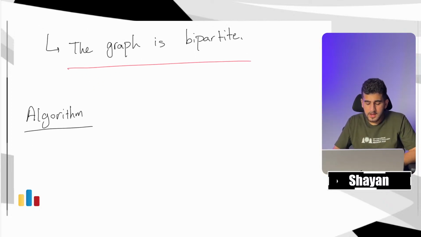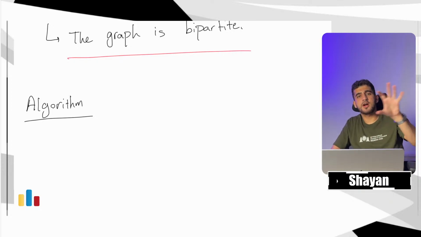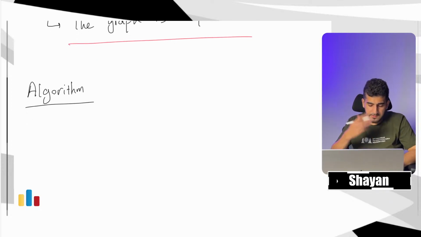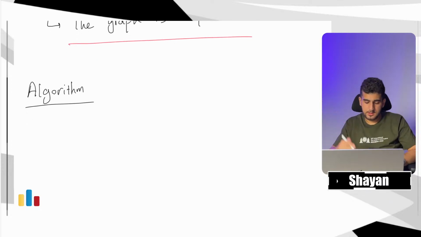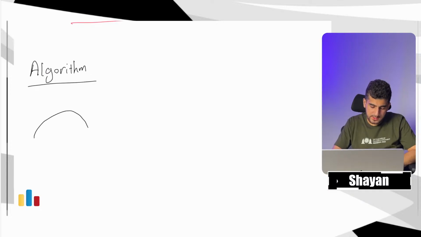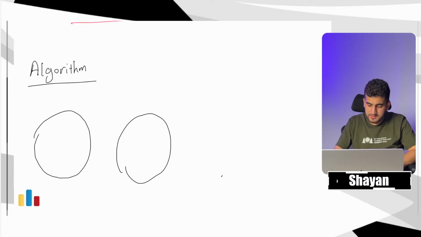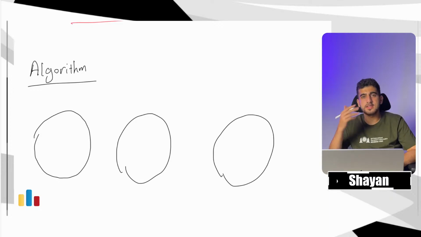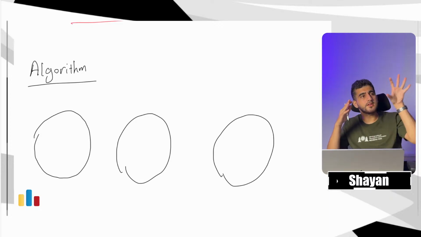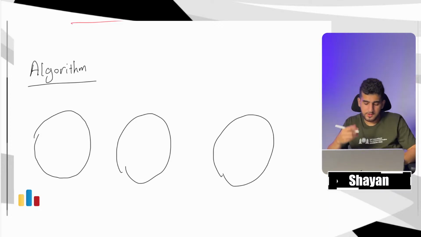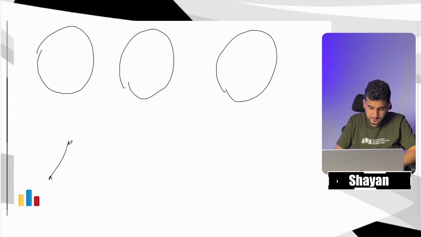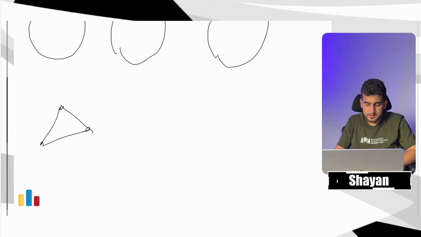The algorithm, I can run on each connected component. So if my graph is not connected, there must be several connected components, right? I mean, either my graph is connected or it is not connected. If it is not connected, then there are some connected parts. We have discussed connected graphs in our last session.